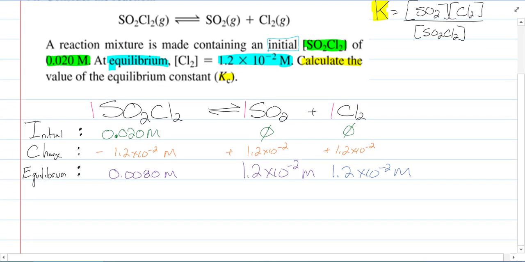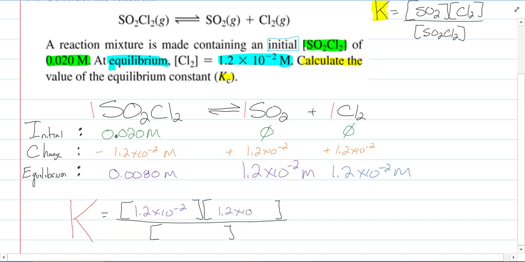So now we can plug all three of these into K. We don't know what K is, but it's going to be equal to the concentration of SO2 times the concentration of Cl2 all over the concentration of SO2Cl2. And those happen to be 1.2 times 10 to the minus 2, 1.2 times 10 to the minus 2, all over 0.008. So K looks like it is 0.018 if we do that math. So that's a nice table, and that's how we solve for K here in 44.